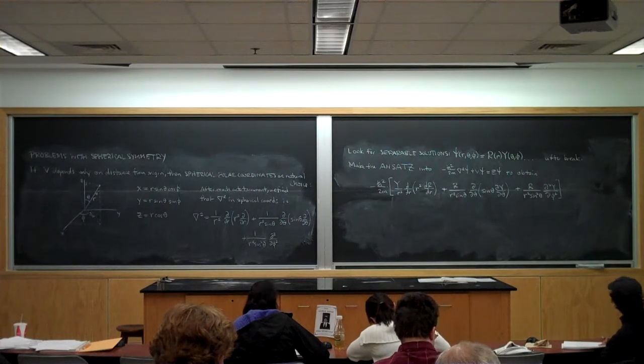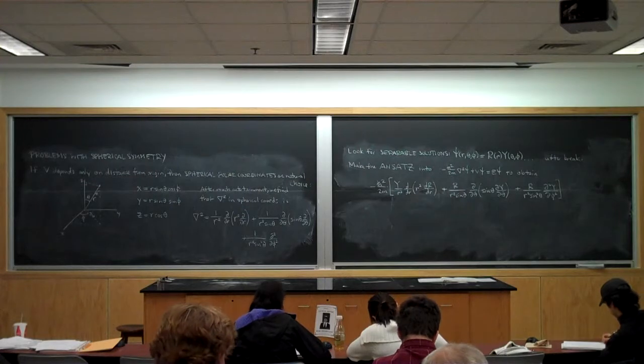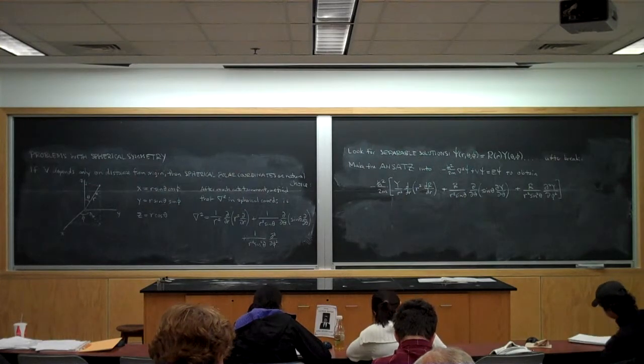So all that is the Laplacian applied to RY and then multiplied by minus h bar squared over 2m.